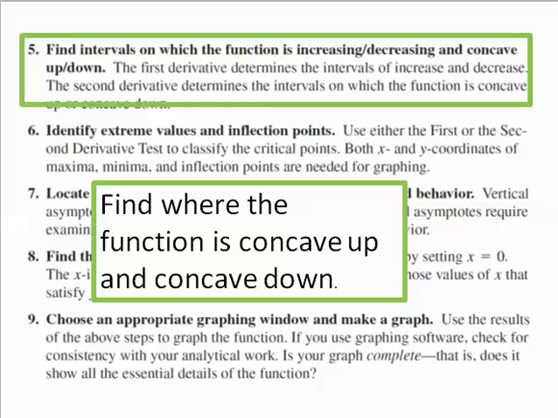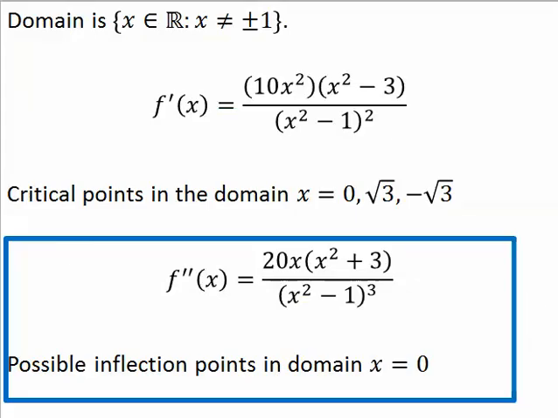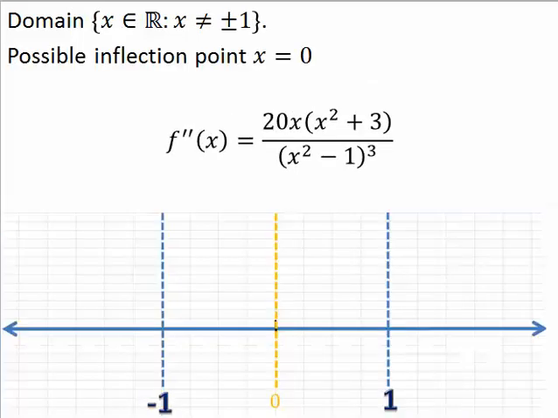Find where the function is concave up and concave down. For concavity, we use the second derivative. Use the domain and the possible inflection point to break up the real number line into intervals. On each interval, we analyze the sign of f double prime.